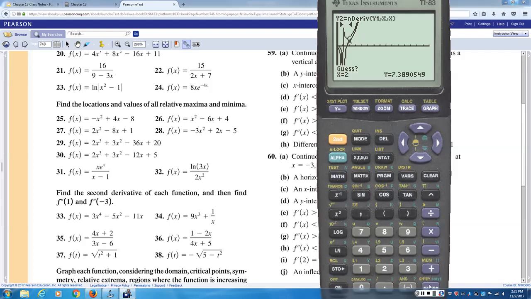And it says that the derivative does have a zero right there, but if I move back up to the function, what happened to the function at that point? What happened to the function at that point?